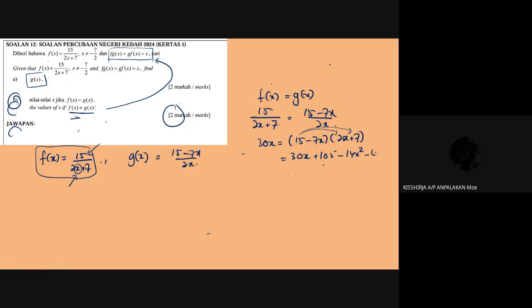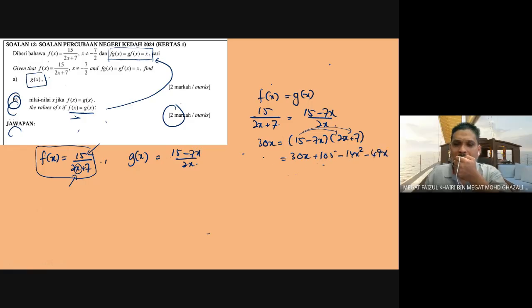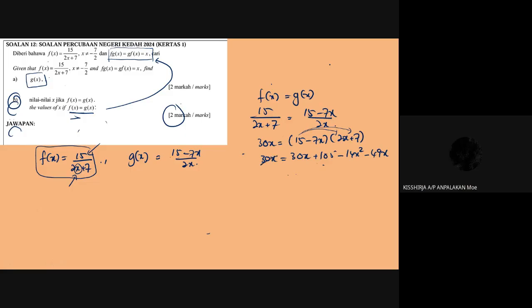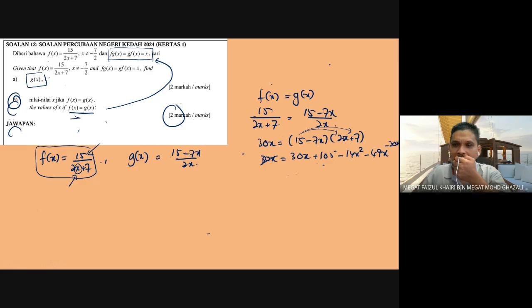Negative 7x times 2x, negative 14x squared. Negative 7x times 7, negative 49x, equal to 30x. So if I bring this 30x to the other side, it becomes negative 30x.